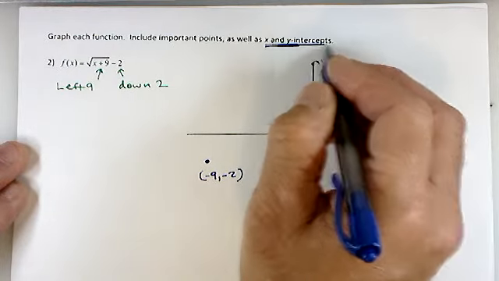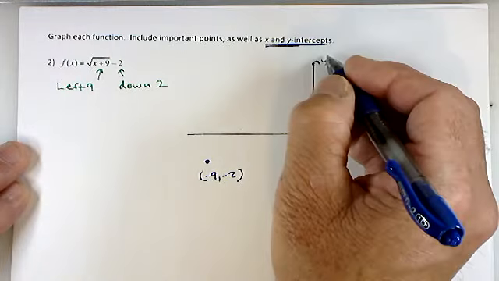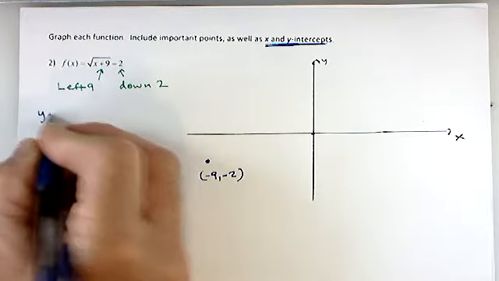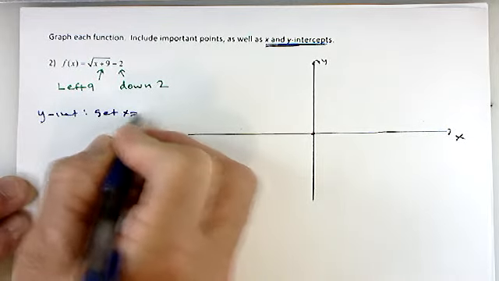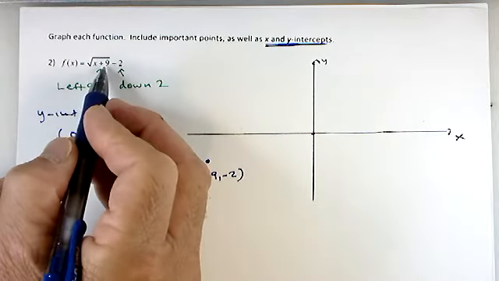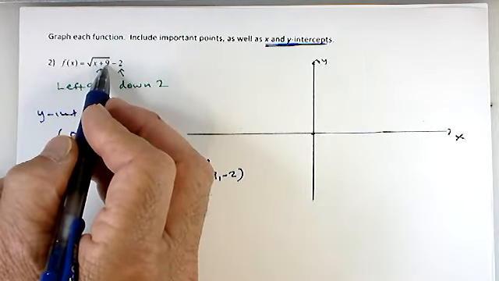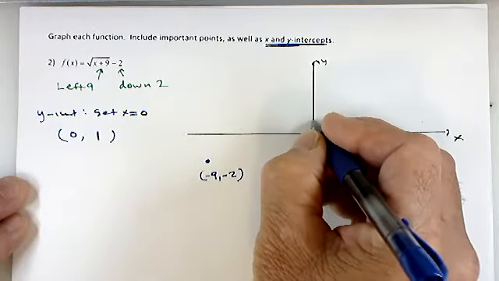The y-intercept is the easiest point to find because wherever your graph crosses the y-axis, x is equal to 0. So I'll put y-intercept, set x equal to 0. And it's just going to be a point. If I just let x be 0, it's pretty easy to calculate that. That's going to be the square root of 9, which is 3. 3 minus 2 is 1. My y-intercept is 0, 1.